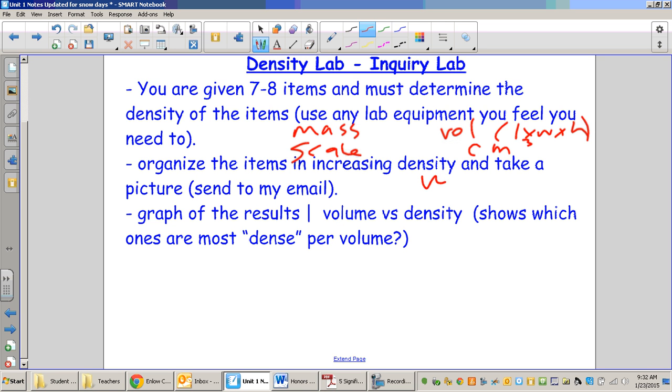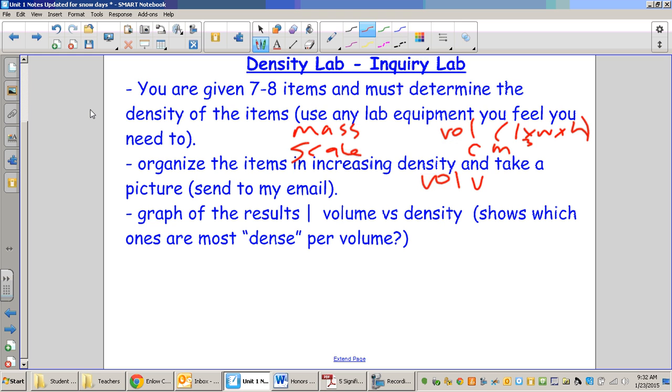And then another way to get volume is going to be what? This is on your notes, like one of the last slides in the notes. Is it doing it in the graduated cylinder? Right, so that method is called volume displacement.